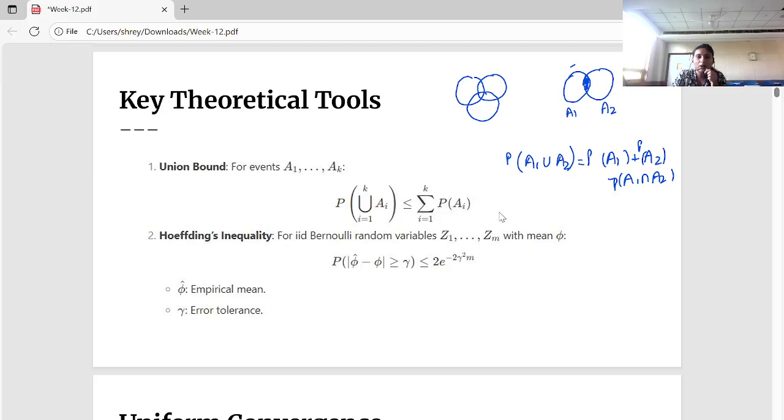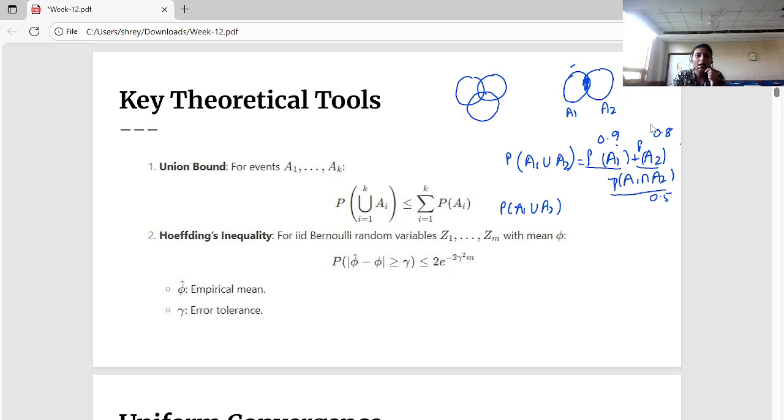So I can also write it like this: the probability of A1 union A2. This term P of A1 is positive, P of A2 is positive, and P of A1 intersection A2 is positive. Let's say they are 0.9, 0.8, and 0.5, right? So these two numbers are added and this is subtracted.